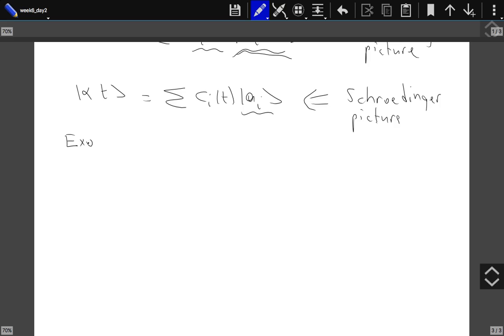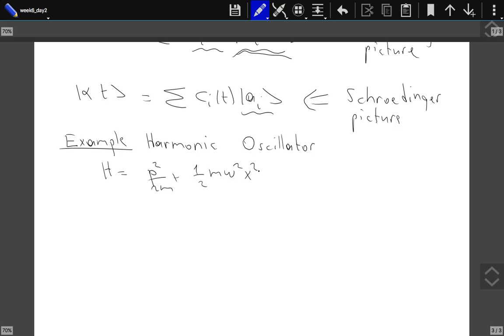Let's do another example of this time evolution of operators. Let's look at the harmonic oscillator. The Hamiltonian we have is p squared over 2m plus 1 over 2 m omega squared x squared.